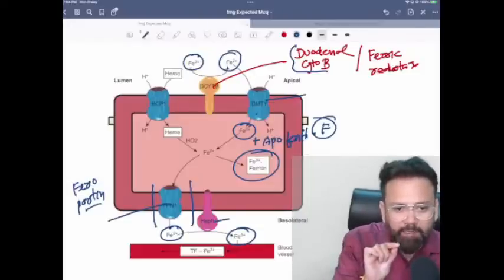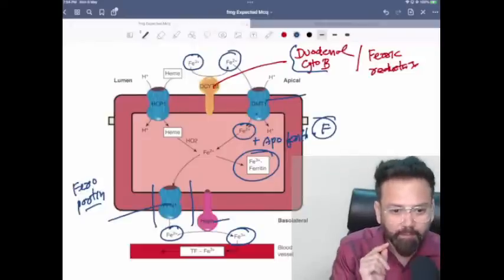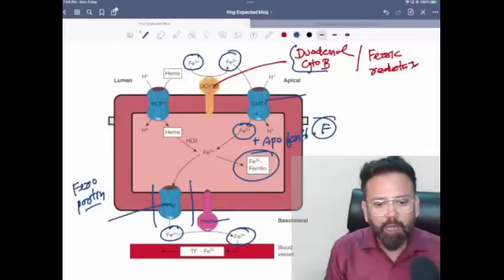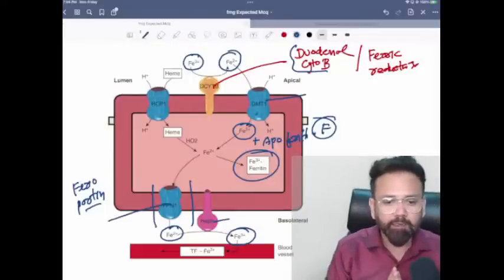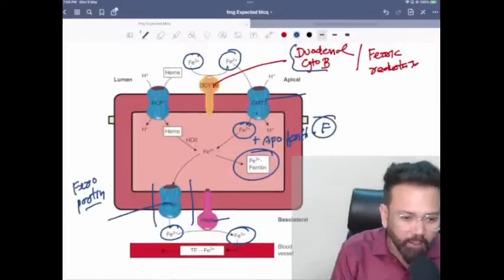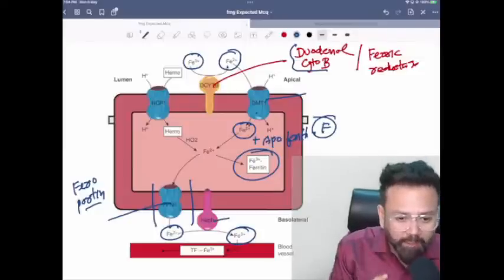So ferric ion is converted into ferrous by duodenal cytochrome B. Number 2, how can this ferrous be absorbed in the duodenum? By divalent metal transporter. Then this ferrous will combine with apoferritin to become ferritin. And how will this ferrous go in the blood circulation? By a protein called ferroportin. But this will go in the form of ferrous, and it will combine with transferrin only when it is converted into ferric by hepcidin protein.